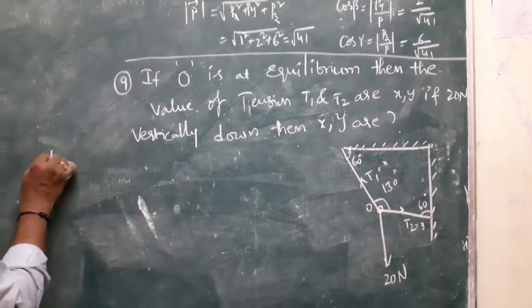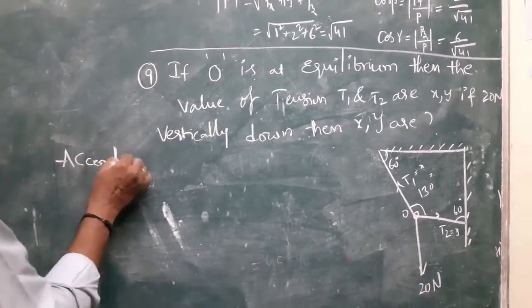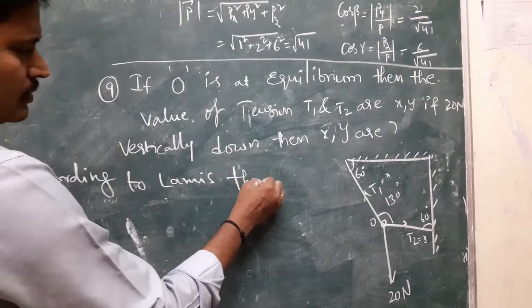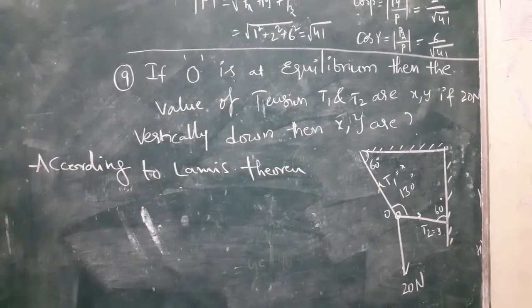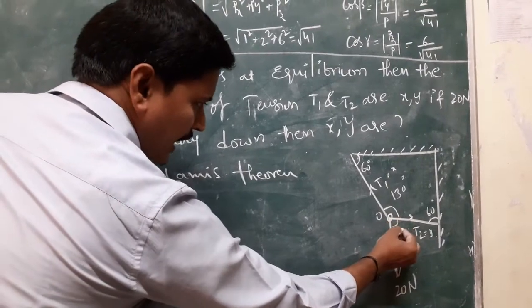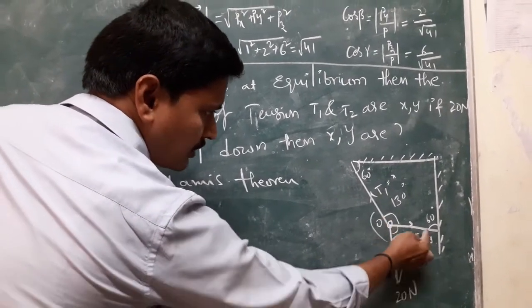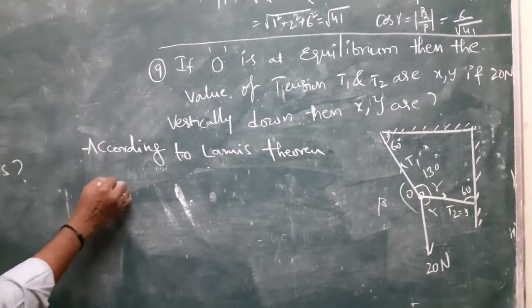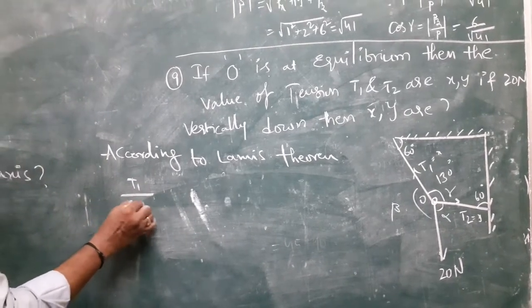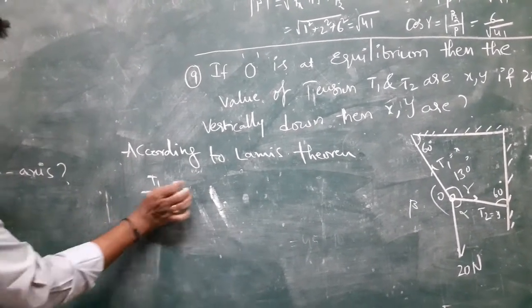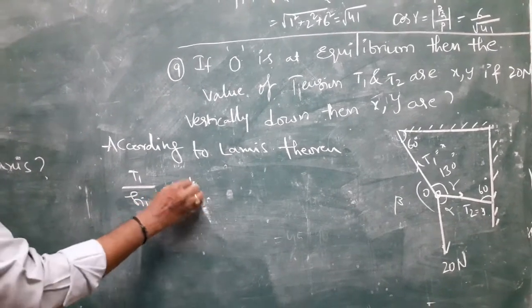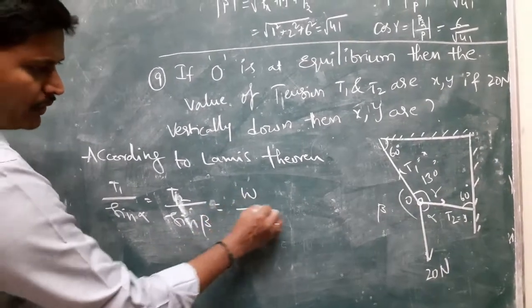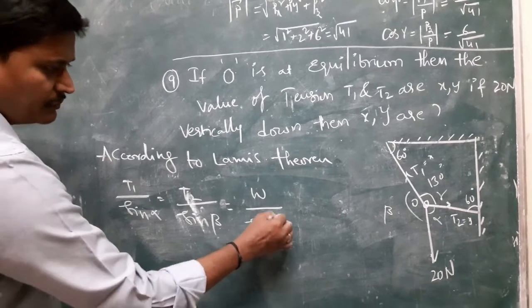So according to Lami's theorem, T1 is divided by the sine of its opposite angle alpha, tension T2 by the sine of its opposite angle beta, and the weight by the sine of gamma.